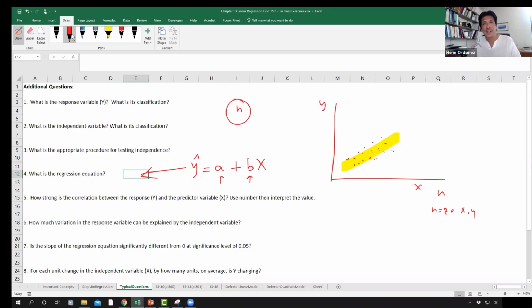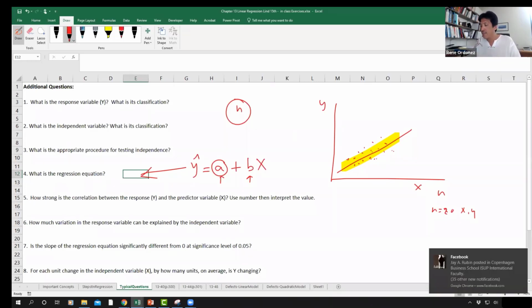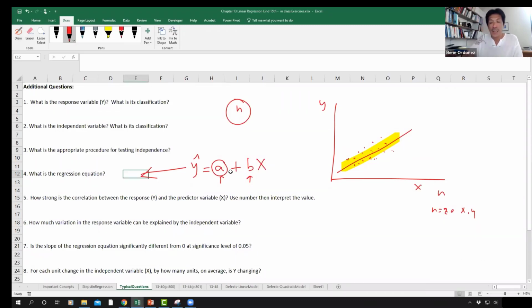Using what is known as the least squares criterion. So when you run a regression on Excel or any other statistical software, it will generate values for the slope and the y-intercept. So A is known as the y-intercept, and then B is known as the slope.